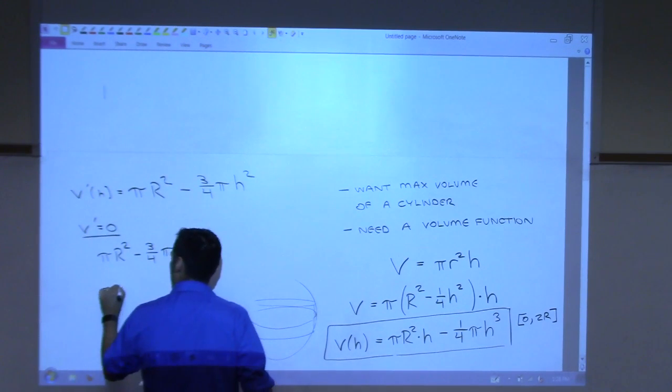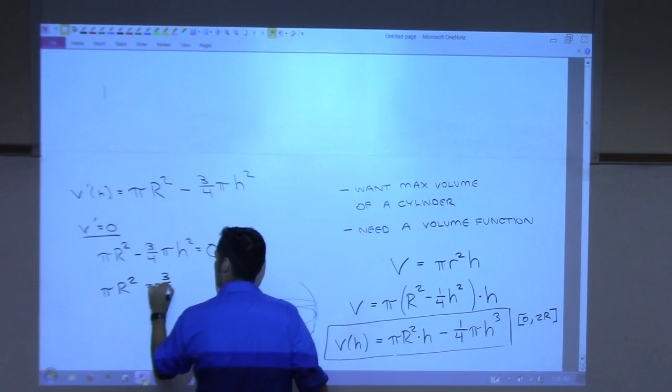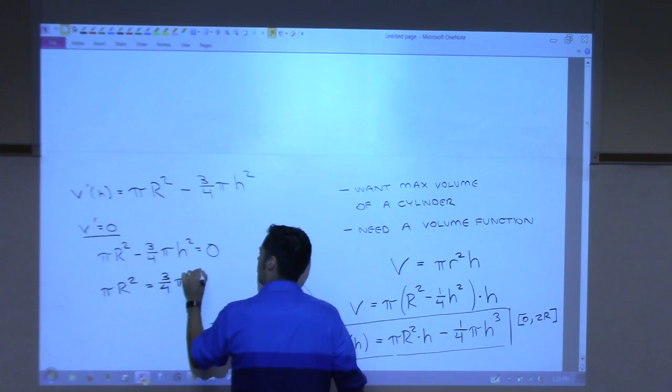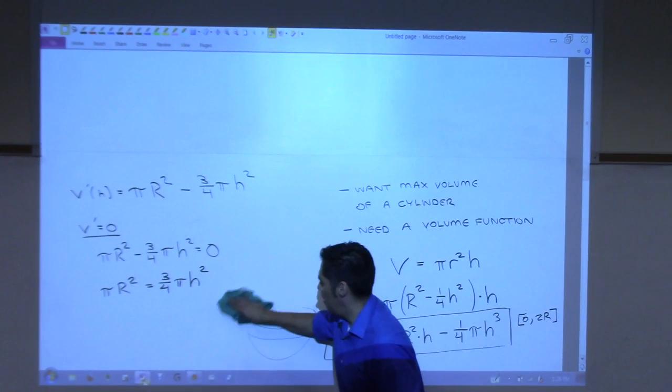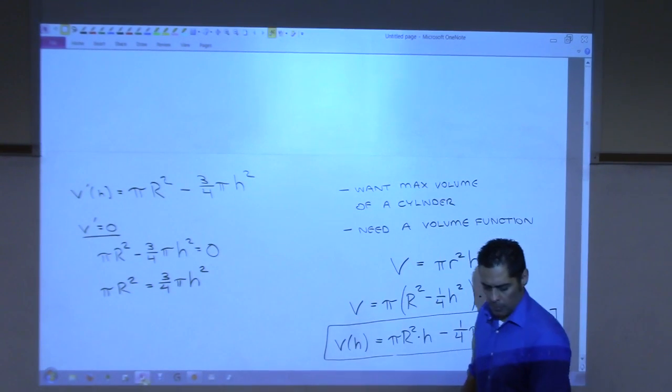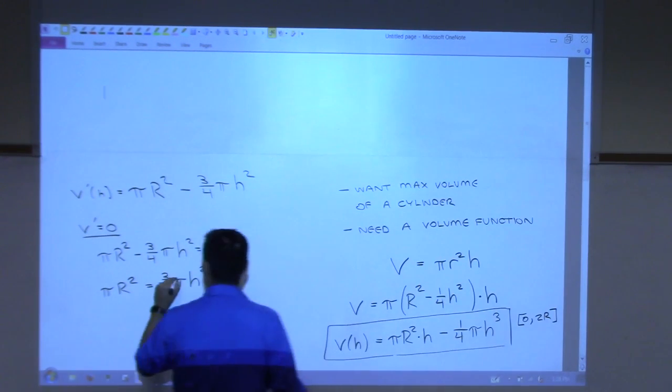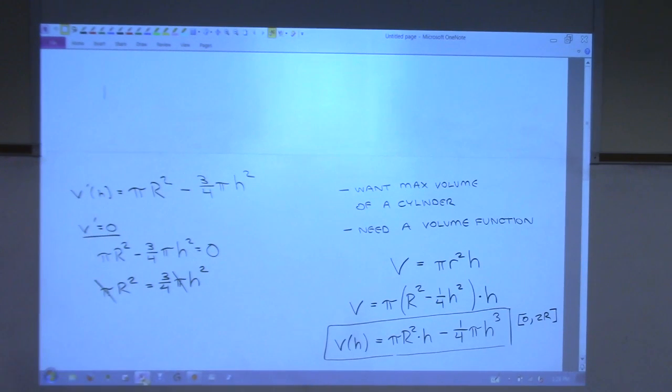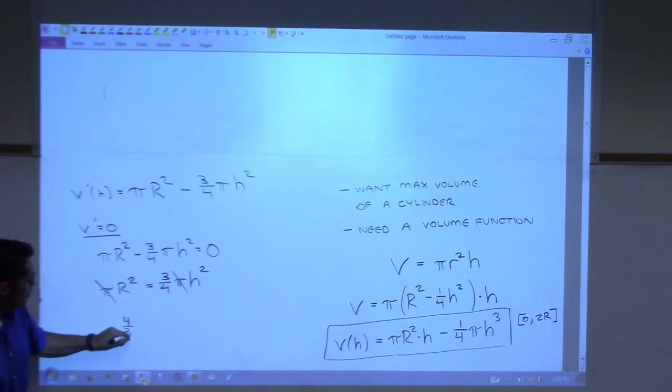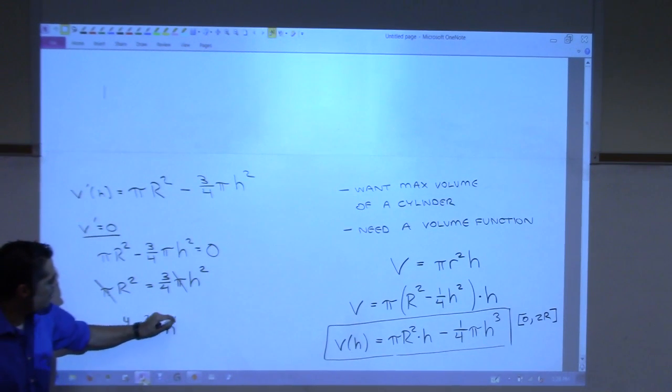So I get pi capital R squared equals 3/4 pi h squared. And then what? Yeah, let's get the pi's out of here. We're going to have enough pi in a couple of days, right? Multiply by 4, divide by 3. So multiply by the reciprocal of 3/4, 4/3. So I have 4/3 capital R squared equals h squared.